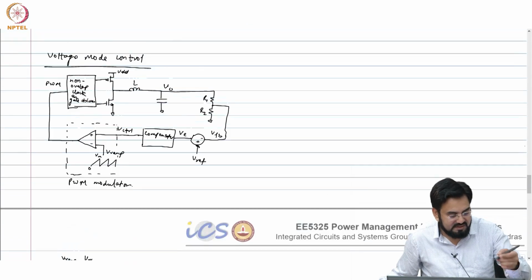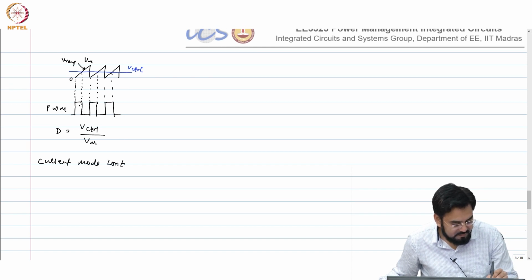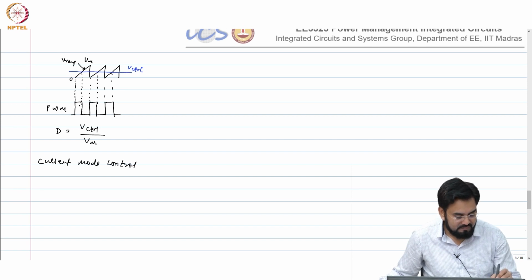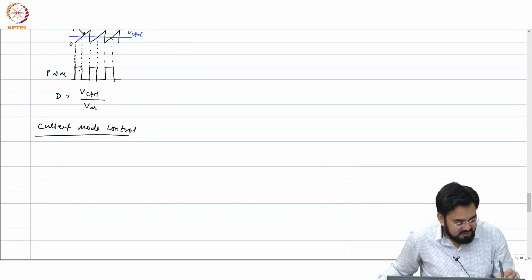So, let us see what happens in the current mode. In the current mode control, this is my IL.